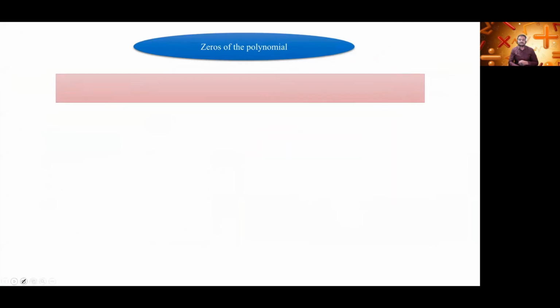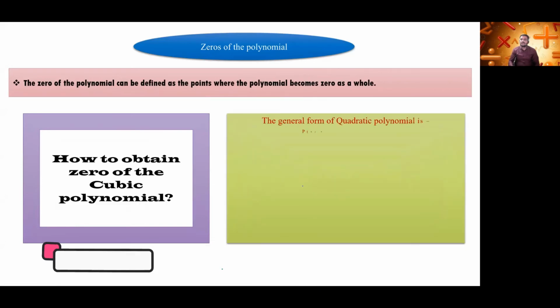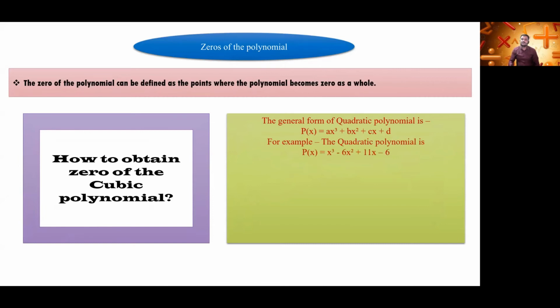See the next thing, how to get the zeros of a cubic polynomial now. Okay, can anyone tell me how to get the zeros of a cubic polynomial?